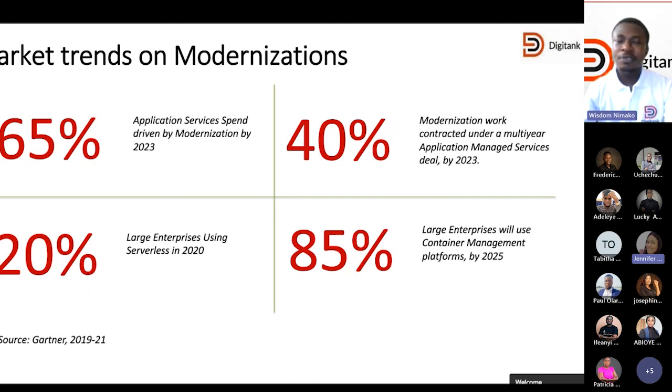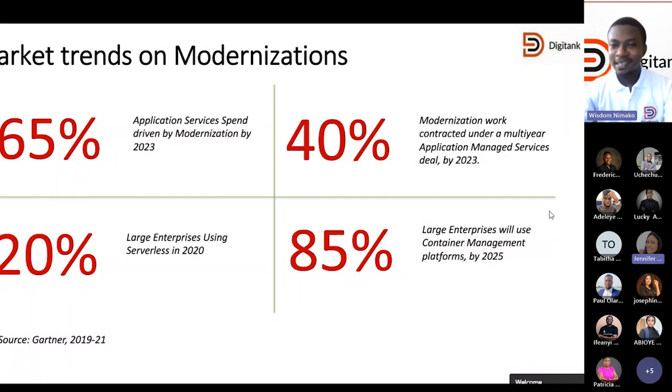And this is very important for you to be able to appreciate the digital landscape that we are in and where organizations are headed. And for you to be able to stay ahead of the curve, you may want to modernize. Even if you're a large enterprise or a traditional organization, you may want to start leveraging container management platforms to be able to compete in today's landscape. But if you're a small organization, you can also start small by migrating your applications to the cloud.